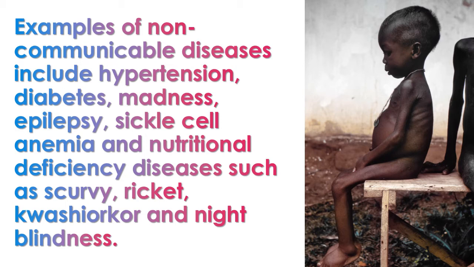Then when you talk about madness, then you talk about epilepsy. All these are some of the diseases. That is why I said some come through what? Our birth. The person develops it from his body. It's just there. As the person is born, the person is having that disease.